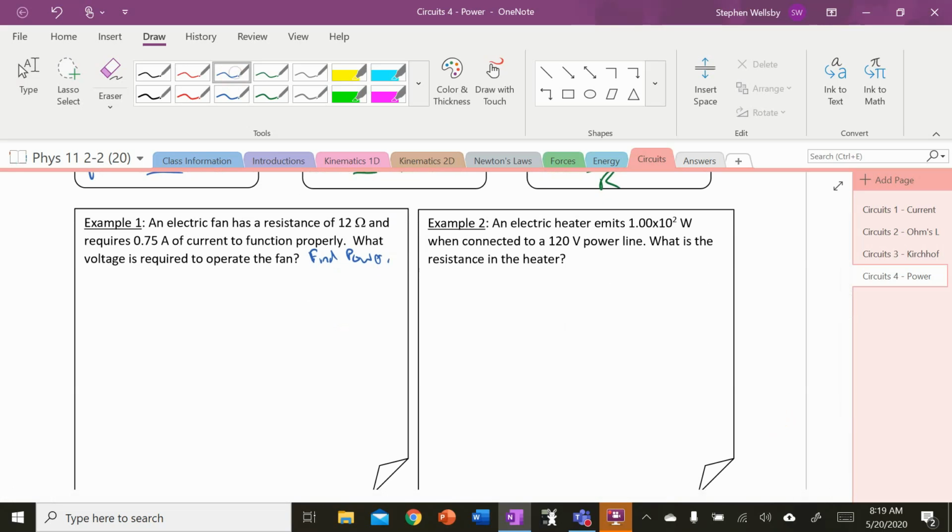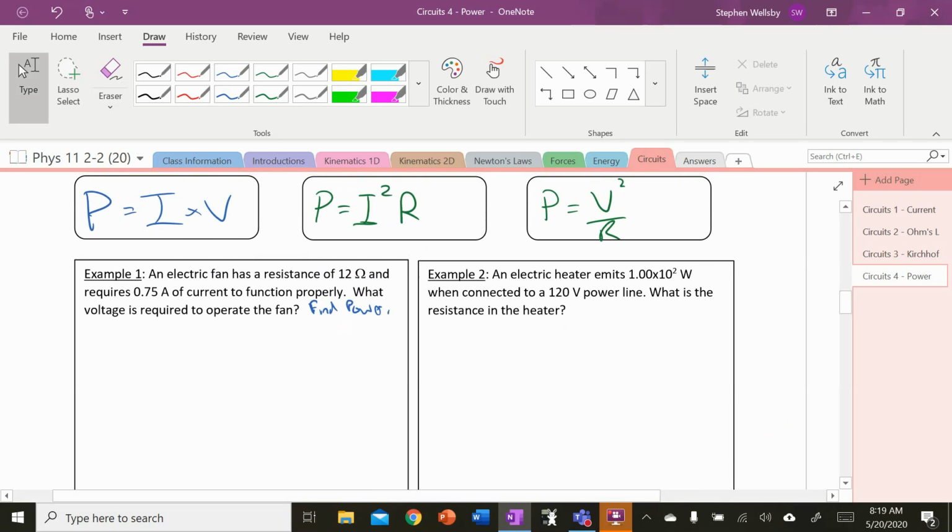All right, if you're just coming back after trying those problems out, let's figure it out together. First, the problem here: electrical fan, resistance 12 ohms, current 0.75 amps. To find power, we can solve this right away because we have I and we have R, so we can use this formula here.